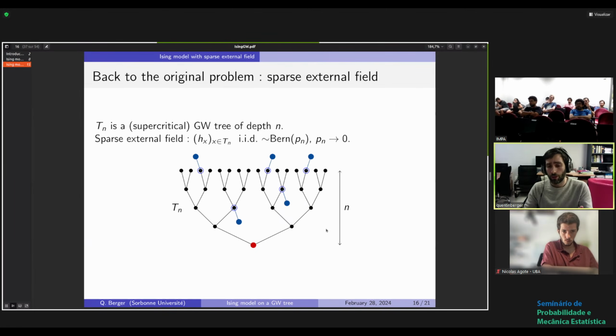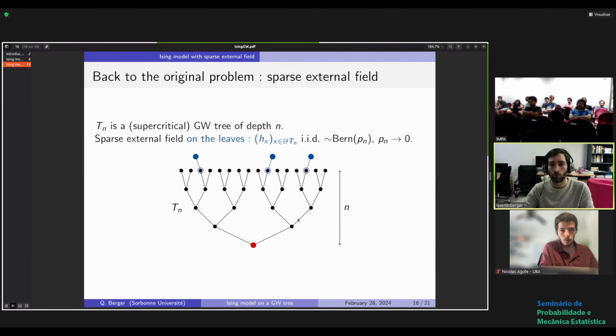But actually here, it's also the same. You can make Lyons' iteration work and get an upper bound fairly easily, so I will not get into the upper bound. I will get into the lower bound. If I want a lower bound on the magnetization of the root, what I can do is just remove some of the pluses. So I'll remove the pluses that are not on the leaves.